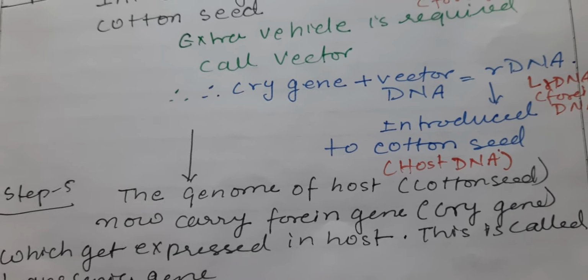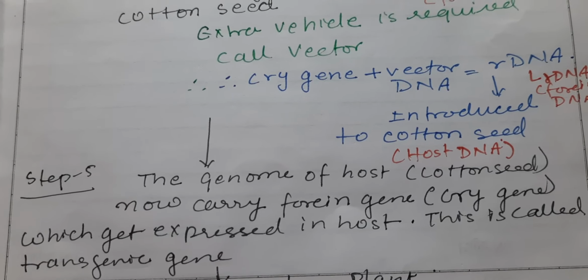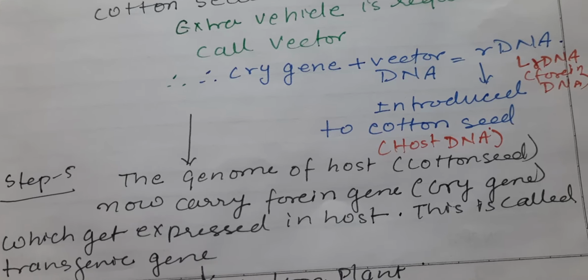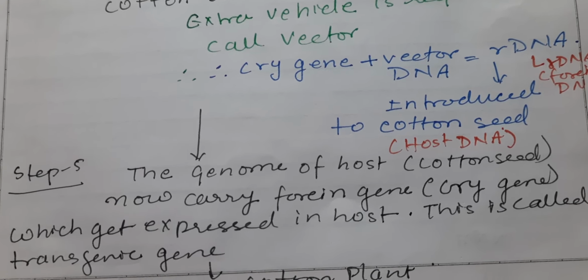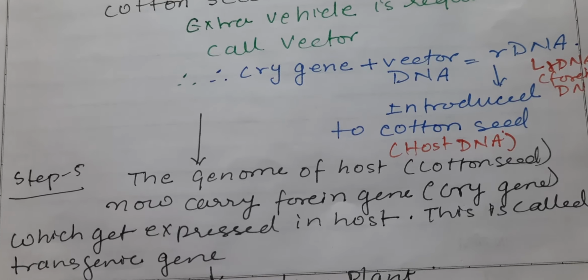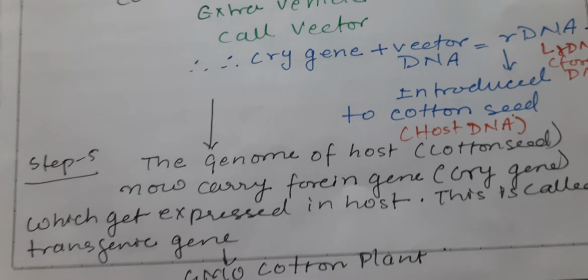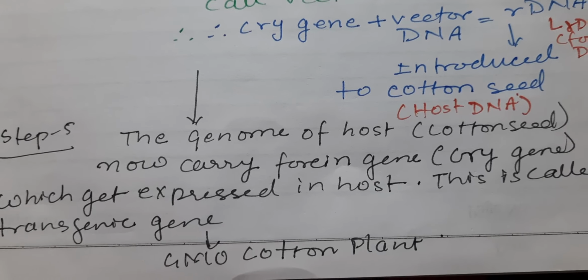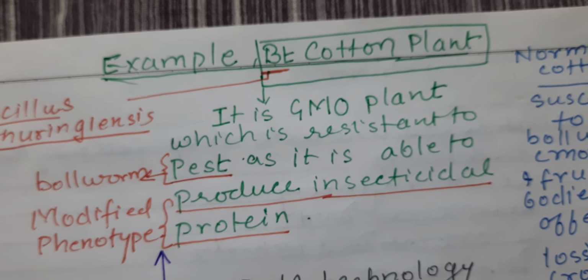So now the cotton seed carries foreign DNA, that is cry gene, along with its own DNA. Now this will get expressed in the host, that is in the cotton plant. Such modified seeds are called transgenic seeds. And the plant which is produced from this will be genetically modified, because it will be expressing the genetically modified phenotype.